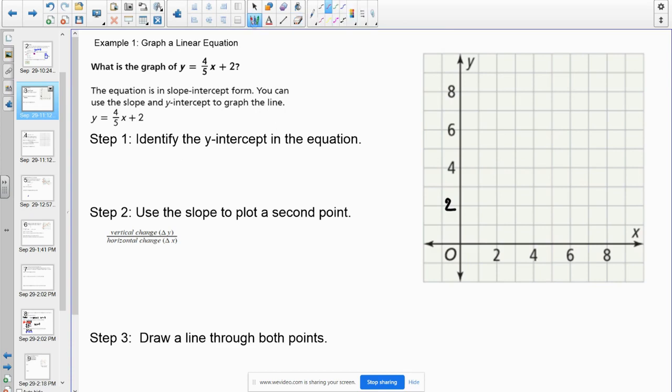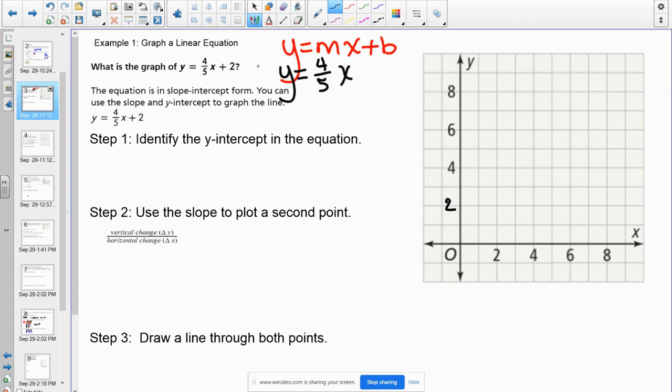If we go back to slope-intercept form, y equals mx plus b, and now we take the equation, y equals 4/5 x plus 2. Remember from the vocab that b is our y-intercept. So b lines up with the plus 2.